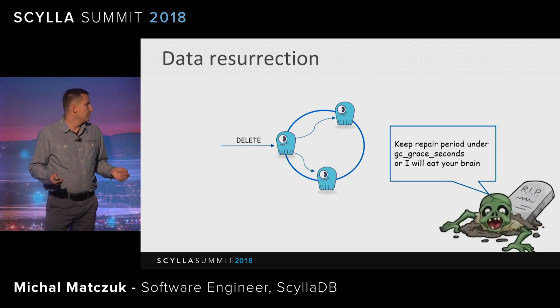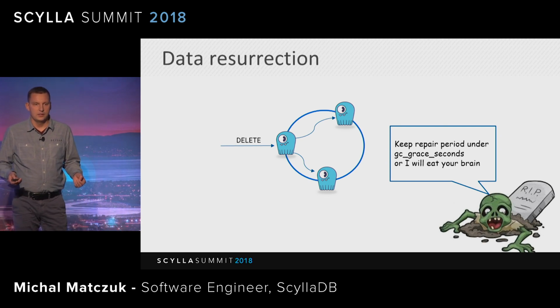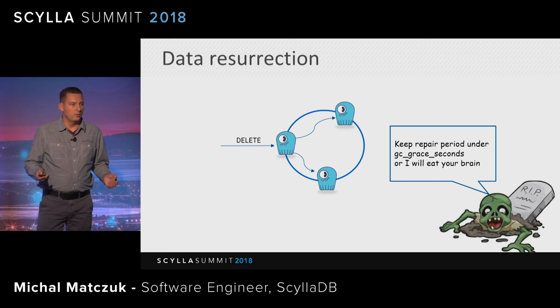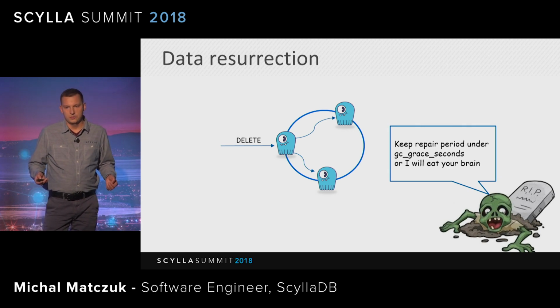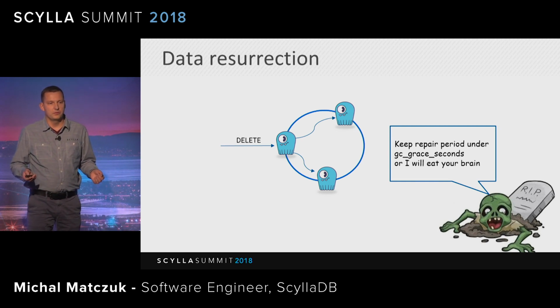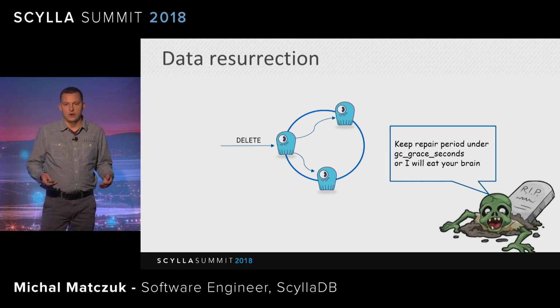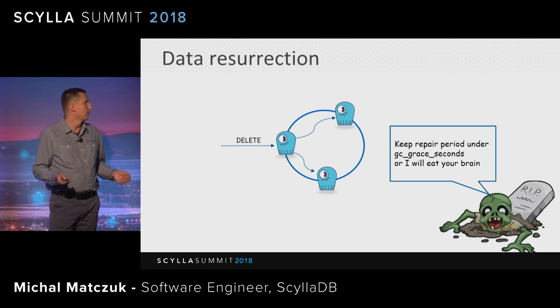And after GC grace seconds, when the tombstones are deleted on the other nodes, the node that did not receive a tombstone may still have the old value. But the problem now is that the old value is now considered new data and may start propagating to the other nodes in the cluster. So running repair is an important part of maintenance of each cluster, right?